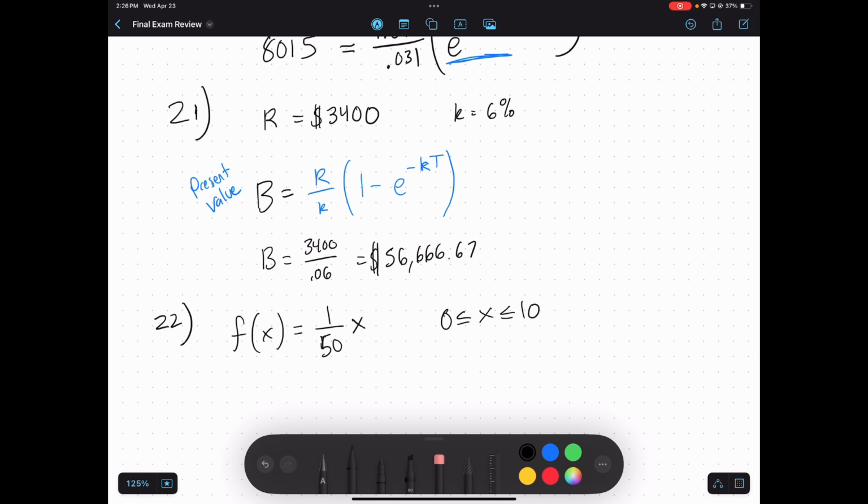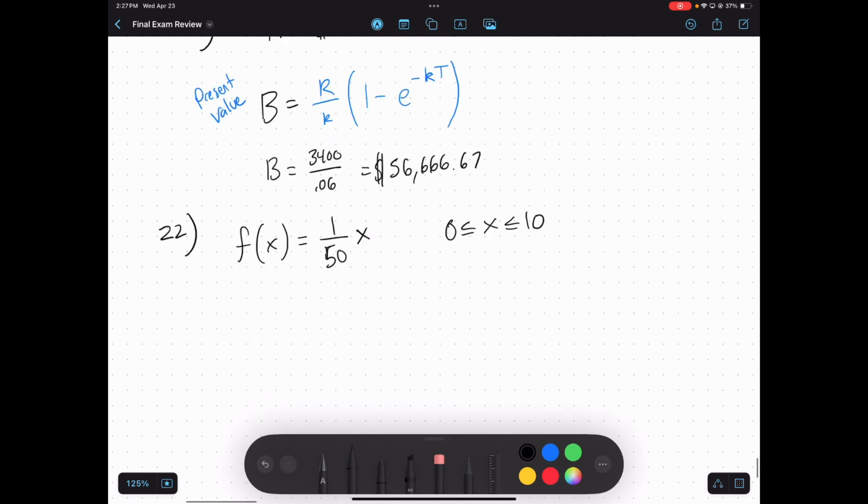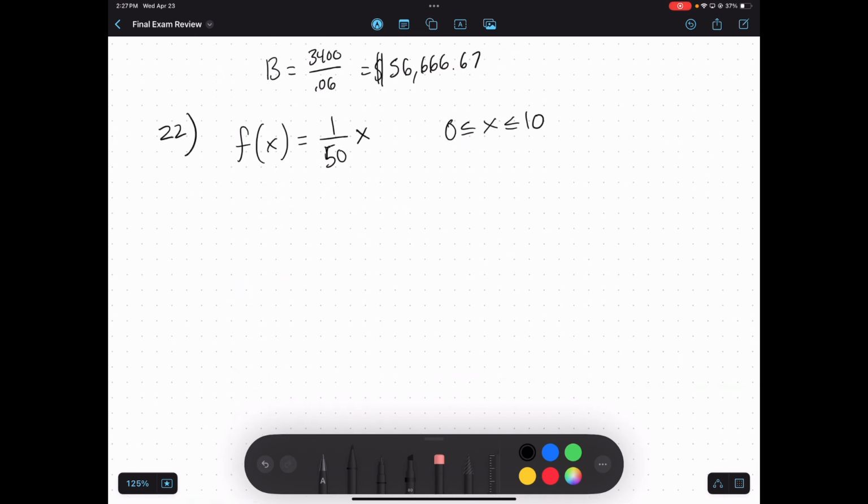I'm restricted to between 0 and 10. What is the probability that the dart lands between 9 and 10? Well, the whole idea of 5.4 is if you have a probability density function, you can use integration to solve for probabilities. So, how am I going to set up my integral?